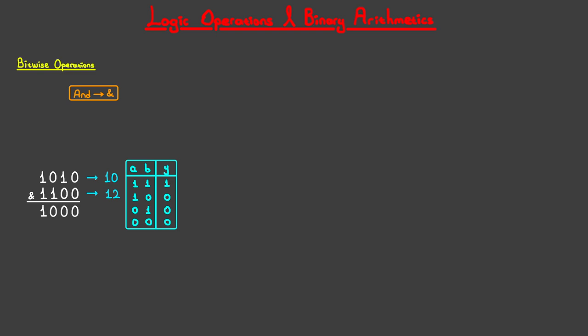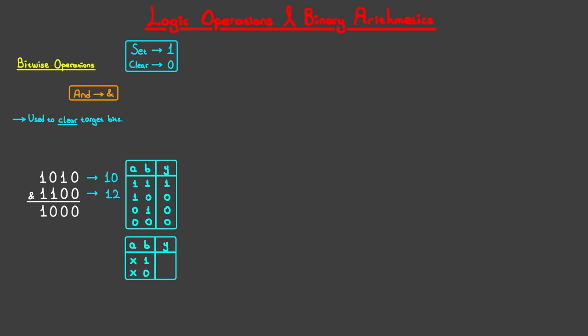Before anything, let me inform you that setting a bit means turning that bit into 1, and clearing a bit means turning that bit into 0. You may ask, what is the purpose of this operation? The AND operation is used to clear the target bits. Check this truth table. Let's assume that one of the inputs is unknown, which I'll denote as x. You know that if you AND an unknown value with 1, the result will be 1 if the value is 1, and 0 if the value is 0.